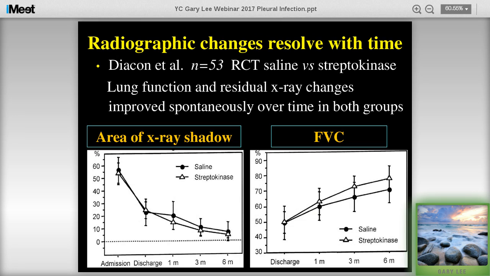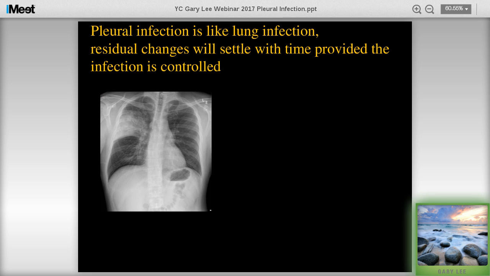So Andreas Diacon followed up his patients from South Africa, and this is the percentage of X-ray opacity that they have on admission. So very sick people, more than half of the hemithorax is covered with pleural opacity at the time of admission, halved by the time of discharge, and by 3 months and 6 months it's down to about 5% residual opacity, and the lung function improved correspondingly.